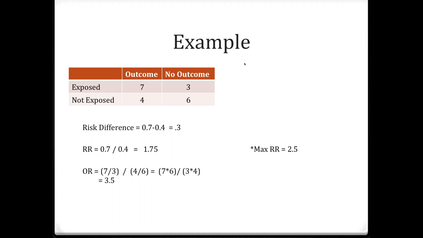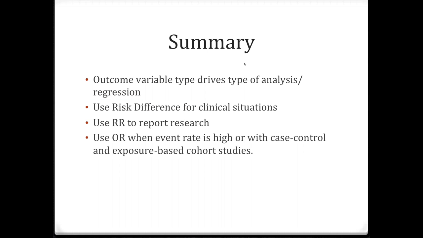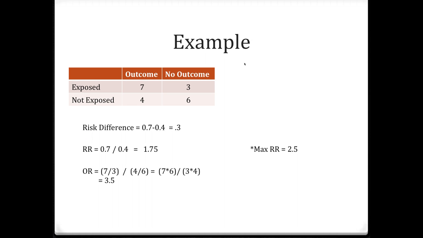Note that the maximum relative risk in this case is 2.5, so it's getting close to the ceiling and may be artificially low. The odds ratio is 3.5, which means the odds of the outcome given exposure is 3.5 the odds of the outcome without exposure.